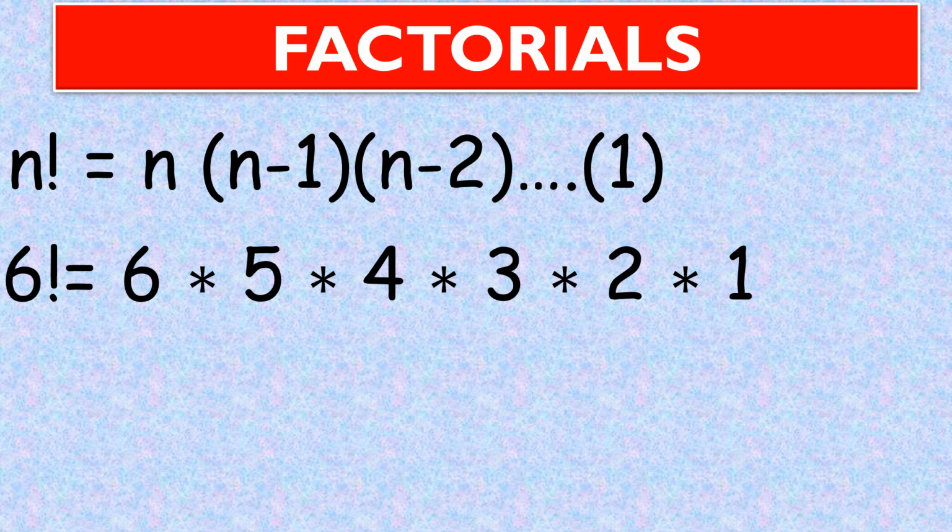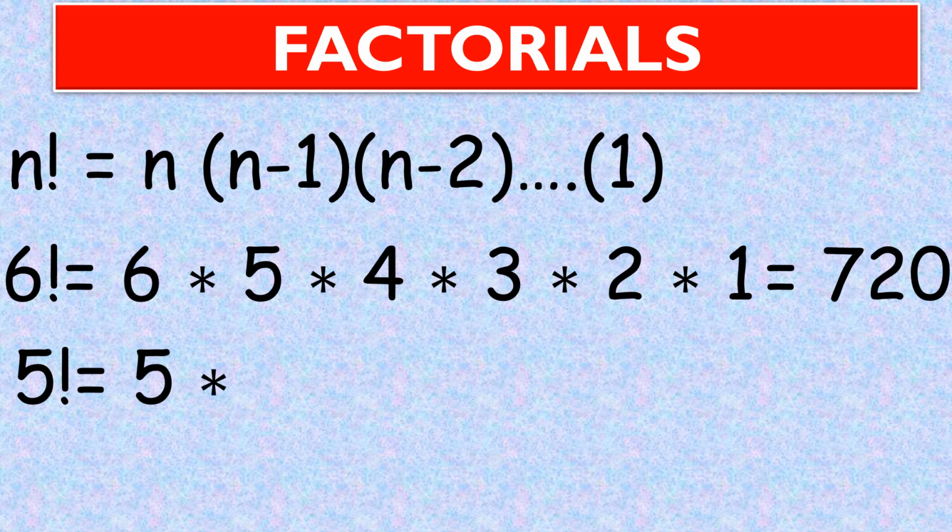That is, you start with 6 itself and end with 1. And that gives us 720, because 6 times 5 is 30, 30 times 4 is 120, 120 times 3 is equals to 360, and 360 times 2 is 720.